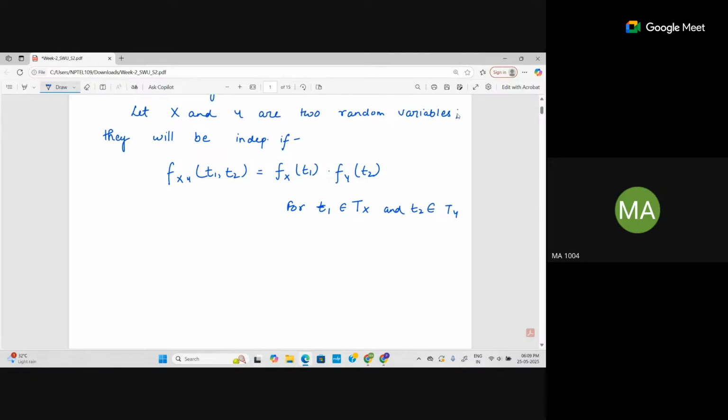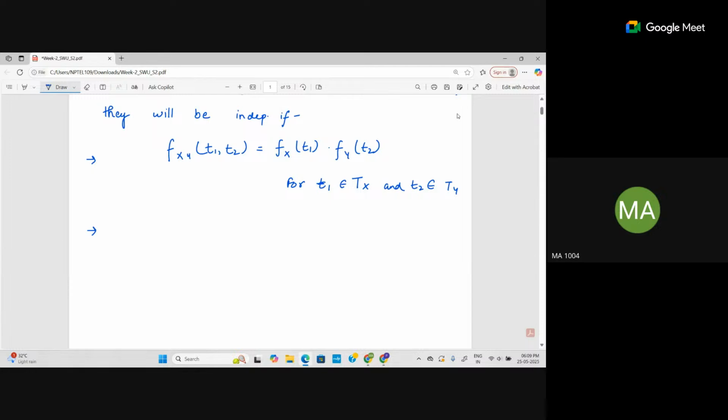What if you have multiple random variables? Then the same condition would be applied there also. So suppose you have n random variables, x1, x2 up to xn.